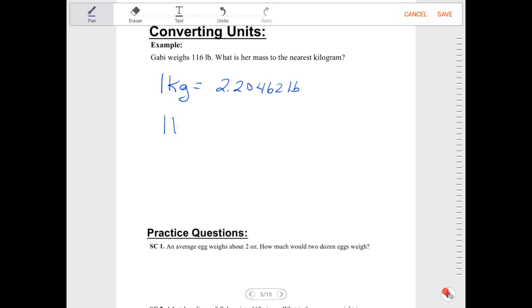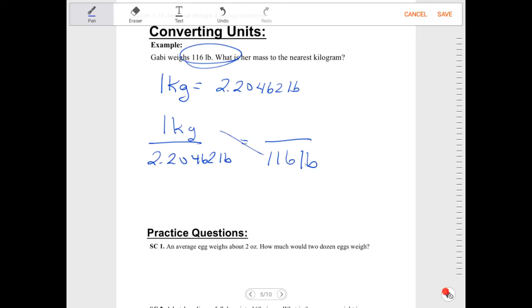So we'll put that as the left side of our proportion here. And 116 is in pounds, bottom left, bottom right. So I would multiply those two and then divide by the other one. That should give you an answer of 52.6 kilograms.